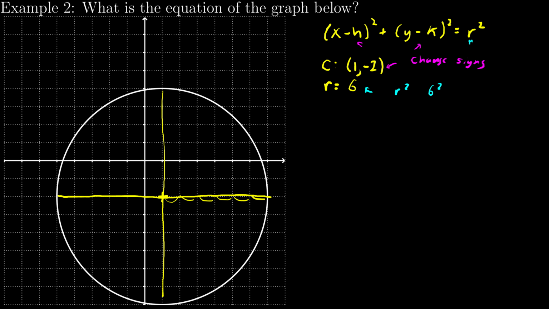So when I write this out, I will get, because of this positive 1, (x - 1) squared plus, because of this negative 2, (y + 2) squared, and because of this 6, 6 squared is 36. And there's my equation.